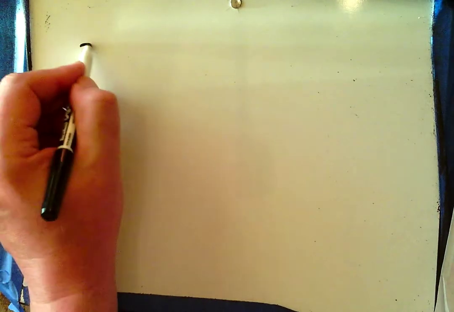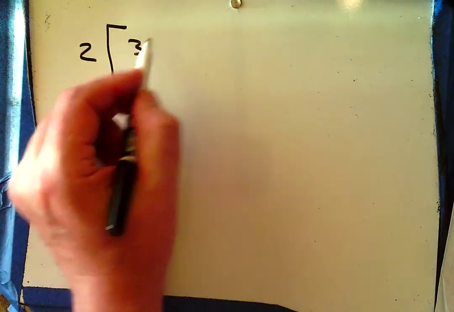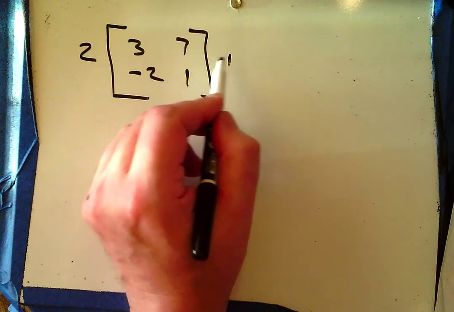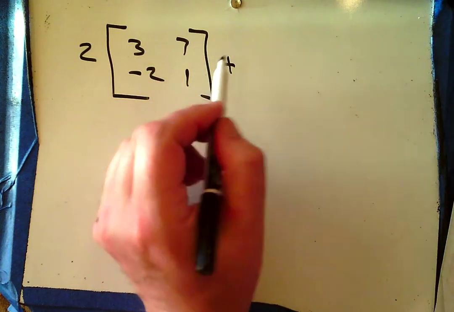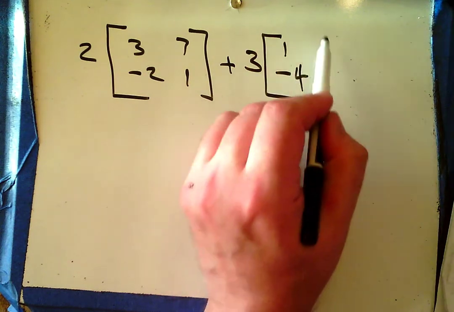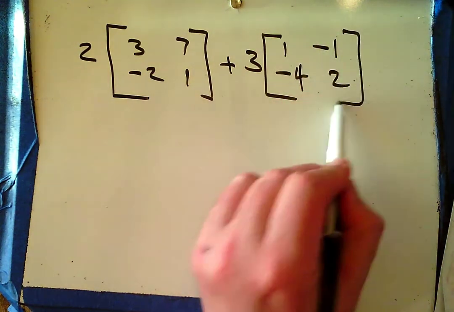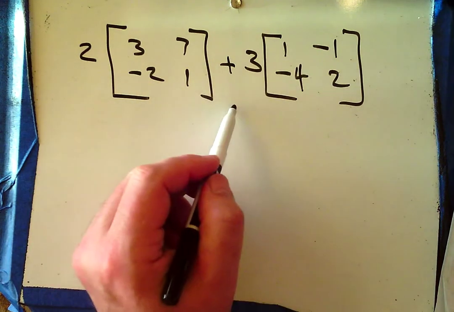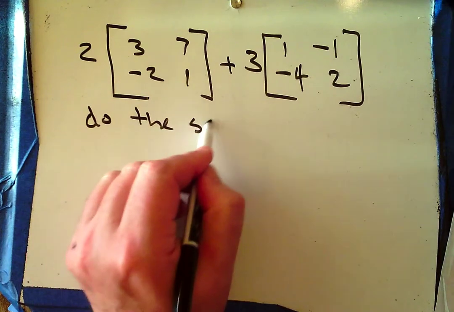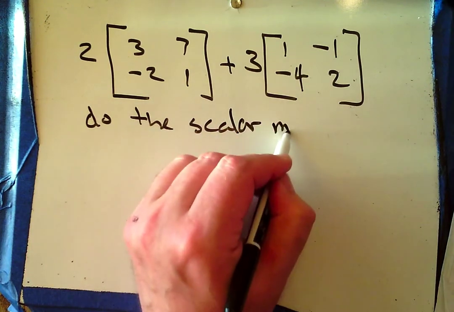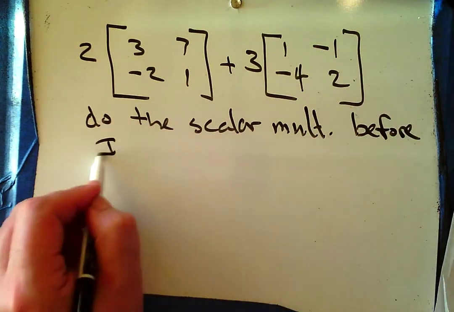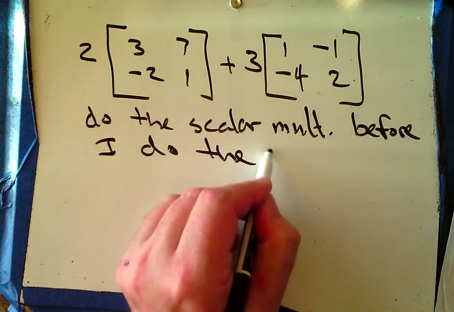We could even combine scalar multiplying with adding and subtracting. So, for example, 2 times 3, 7, -2, 1, plus 3 times 1, -4, -1, 2. I want to add these two, but I need to do the scalar multiplying before I do the adding.